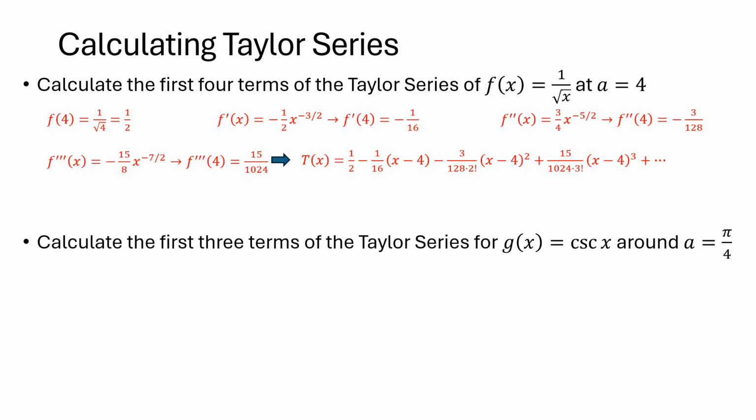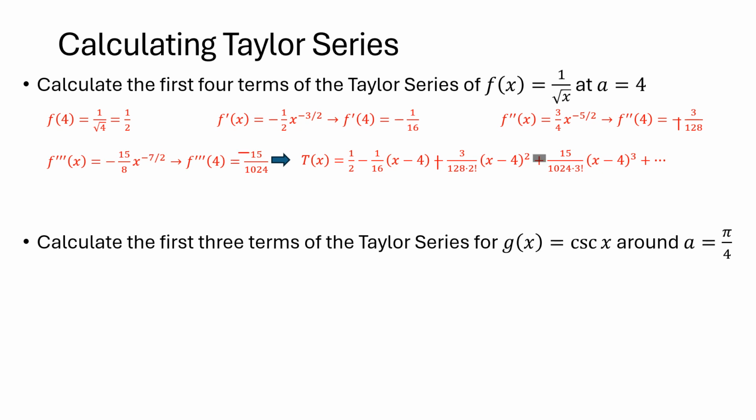Doing so gives us 1/2 minus 3 over 16 times x minus 4. Should be plus, so let's make a quick alteration on that. So then plus 3 over 128 times 2 factorial times x minus 4 squared.